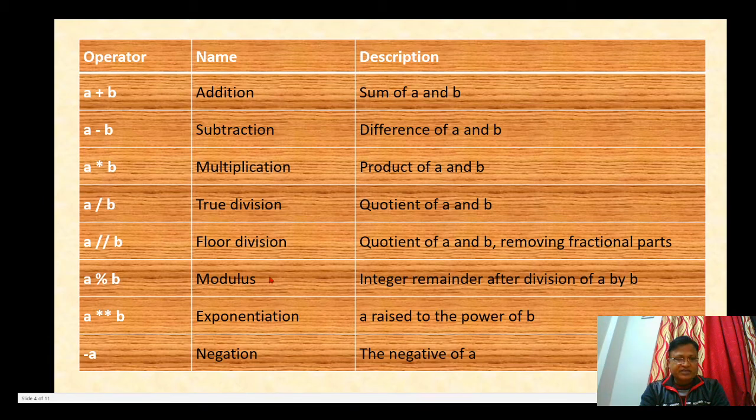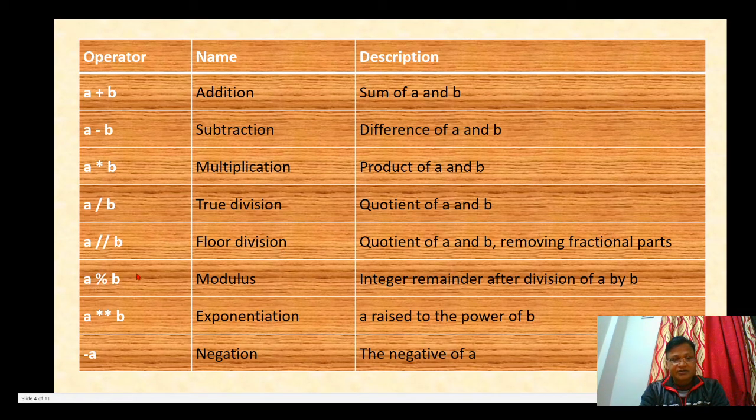And if you don't want a decimal number, we want the integer part of the quotient only, then we will use the double slash symbol. That is also called floor division. Floor division means that whatever quotient we get after using the double slash symbol, it will be available without fractional parts, meaning only the integer part will be returned.